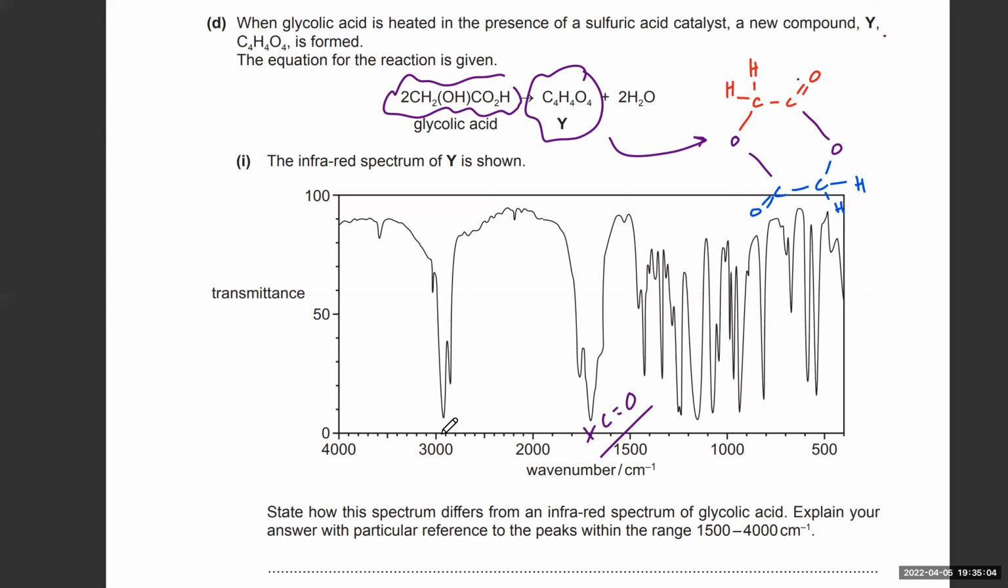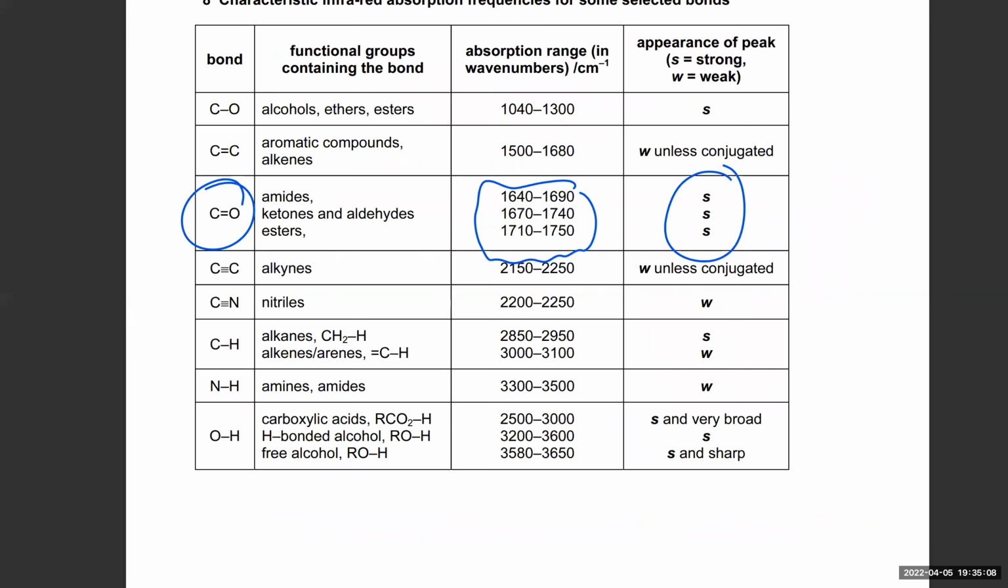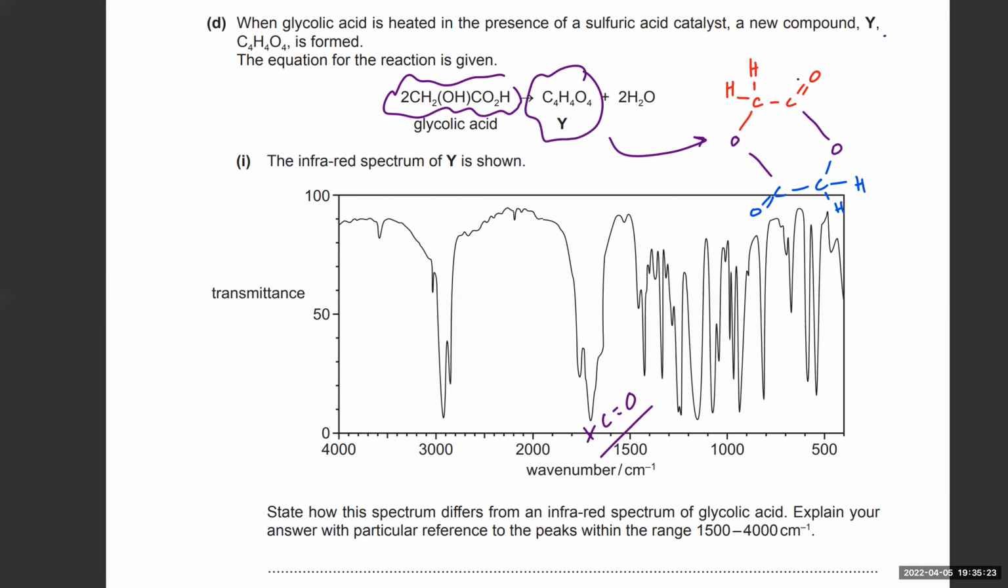which is over here. And then you can see there's another strong absorption below 3000. The other bond that can be easily identified from the infrared spectrum is the OH bond. So 2500 to 3000, we do have an absorption, but it's got to be strong and very broad. Our absorption is not strong. It's strong, but it's not very broad. So this absorption is not broad.